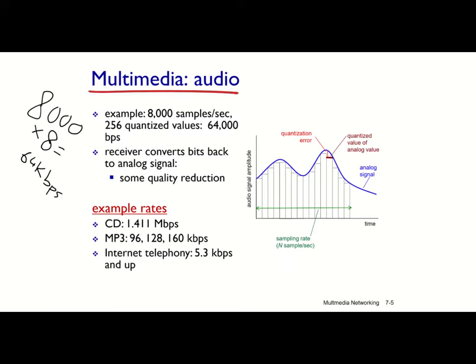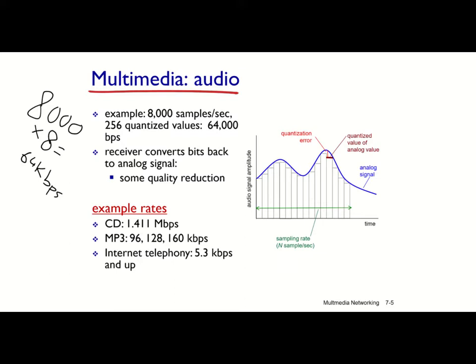Now, if you want to increase the quality, for example, for CD quality, we need to increase the sampling rate. So the 8,000 will be increased, and therefore the amount of memory that you need for storing 1 second of audio in CD quality would be much higher.